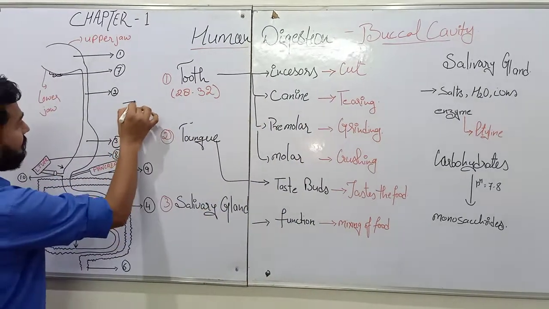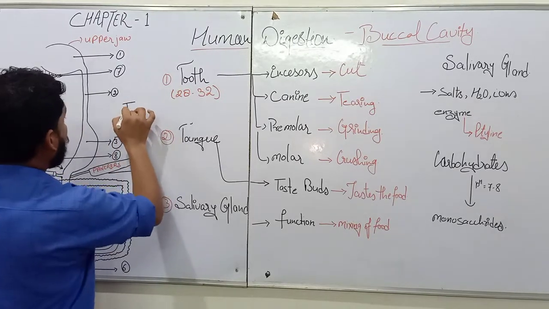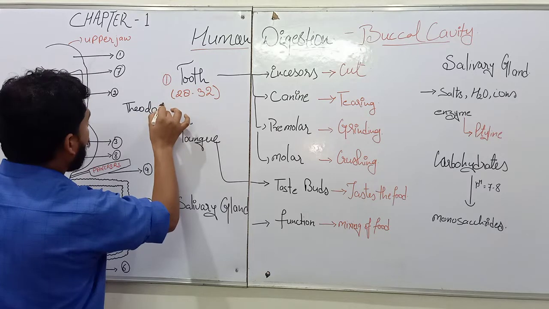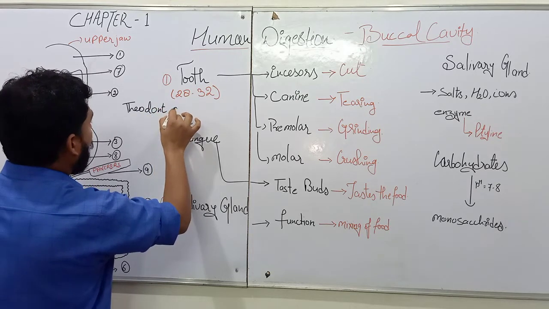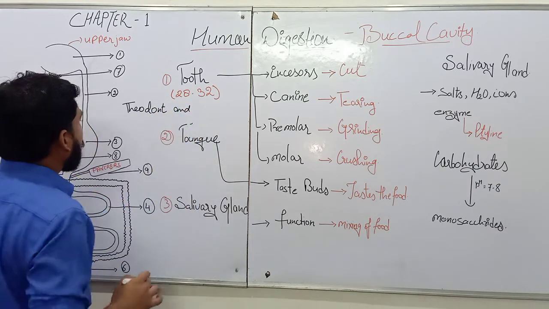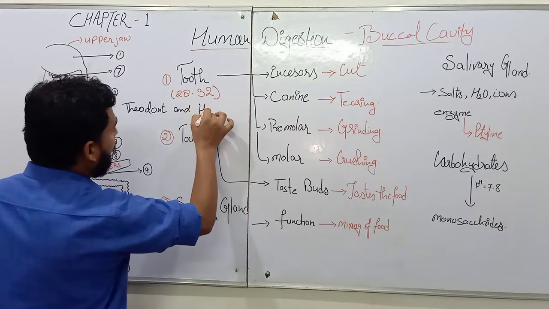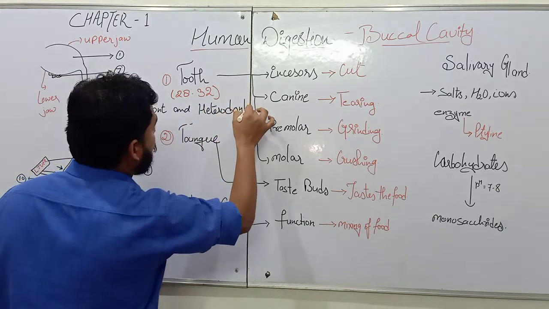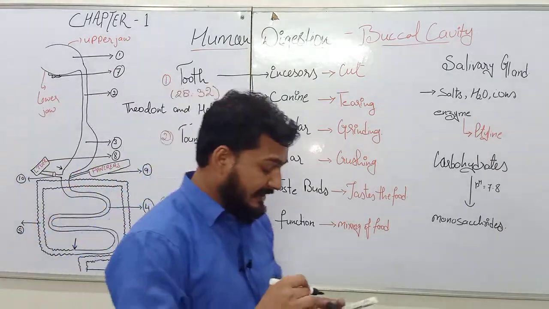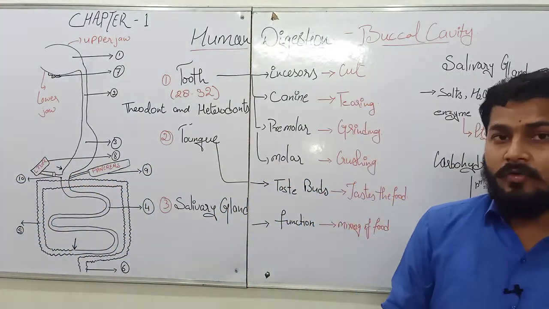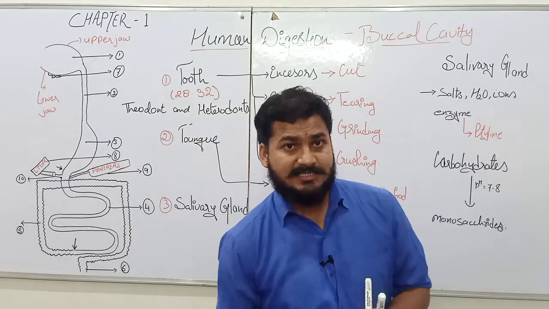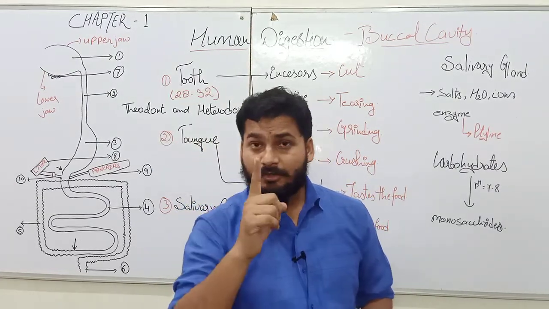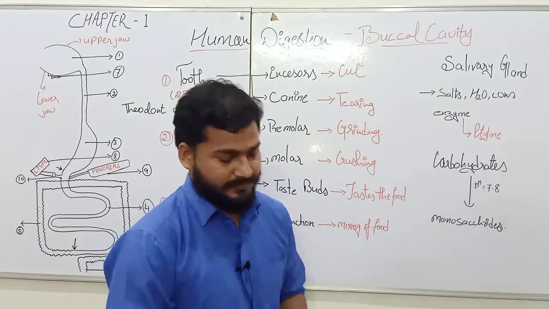First is thecodont and the other is heterodonts. Please take care of these two words. These are the two words which come into existence while talking about human teeth: thecodont and heterodonts.